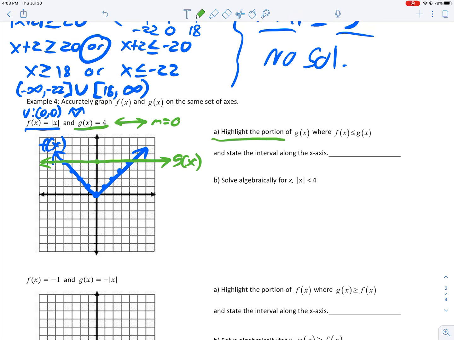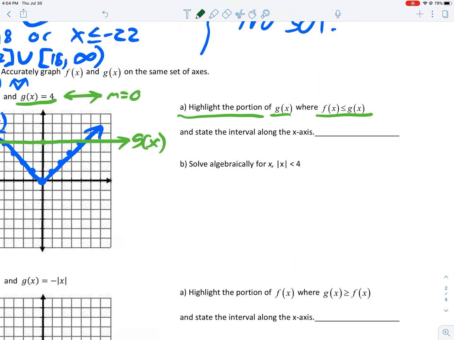So highlight the portion of g of x that satisfies that inequality. So where is g of x, right? So the green line, I'm highlighting only the green line, such that the part of the line is above the blue part. Well, okay, that might be a little confusing right now, so we'll come back to that.